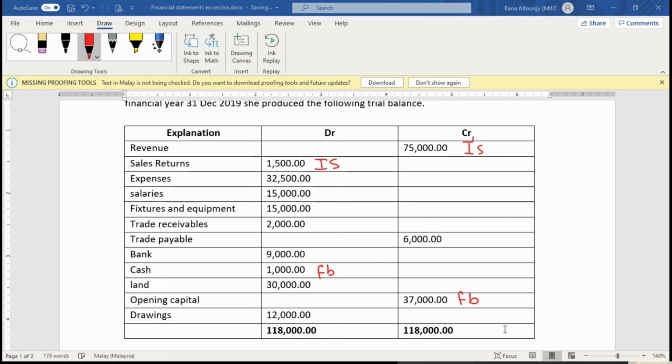Where do we put the salaries? Income statement. Good.